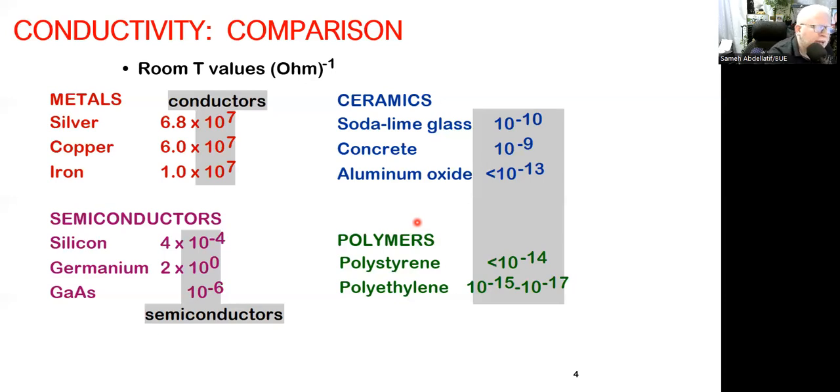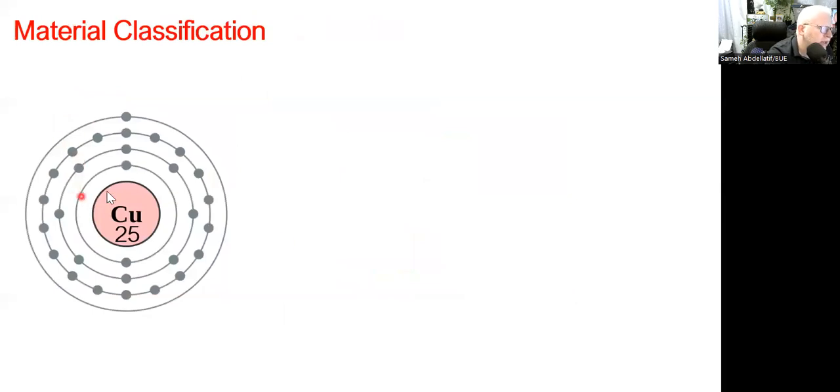So, for example, if we have a material like copper with one valence electron in the outermost energy level, this electron is weakly bound to the nucleus, because it is only one electron in the farthest filled or partially filled energy level.